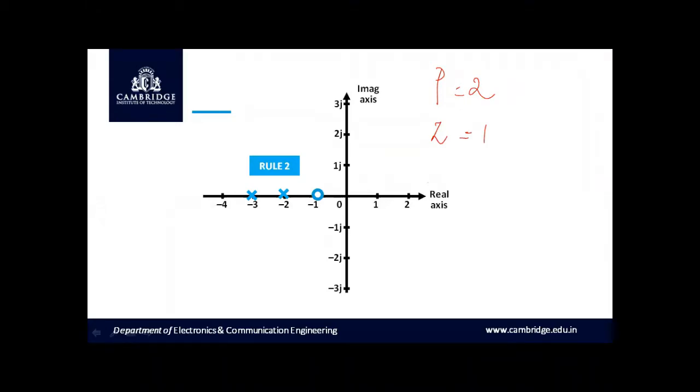Here in this case, it starts from the open loop pole at -2 and it terminates at the open loop zero at -1.